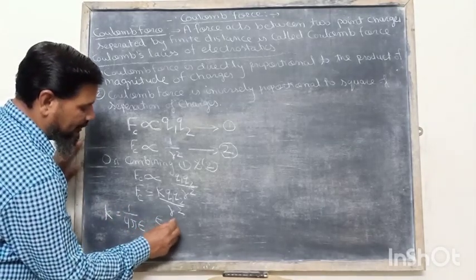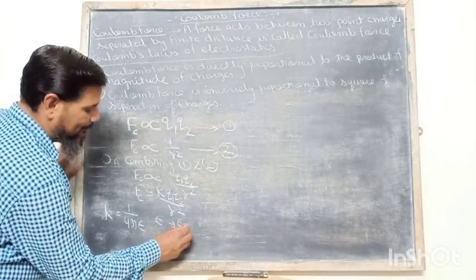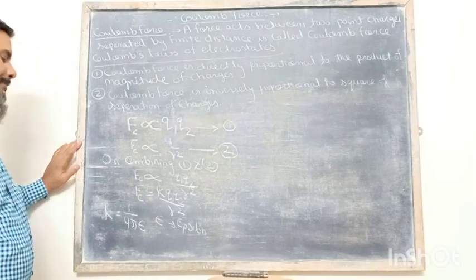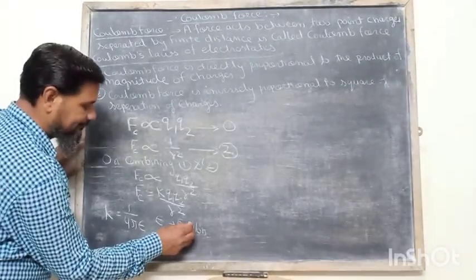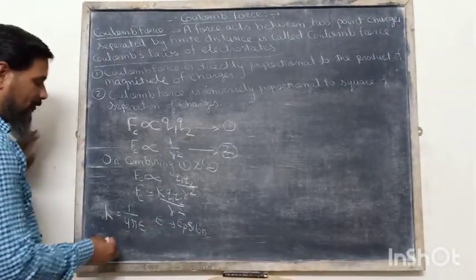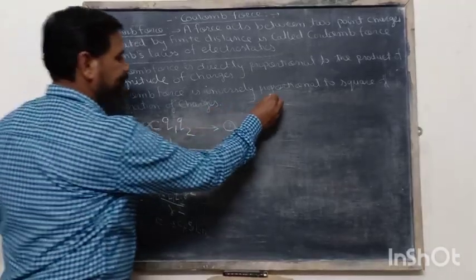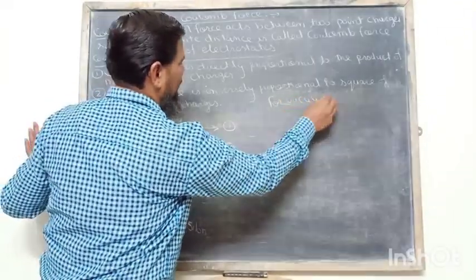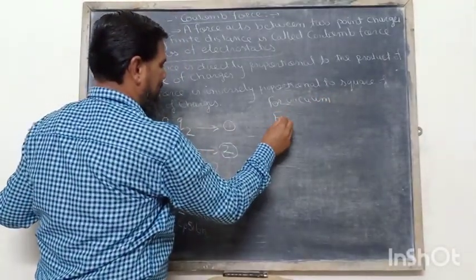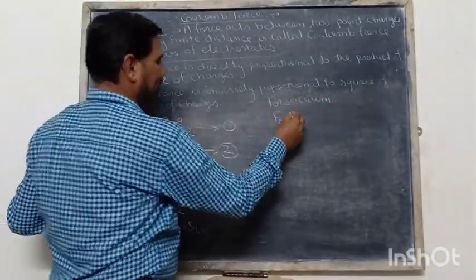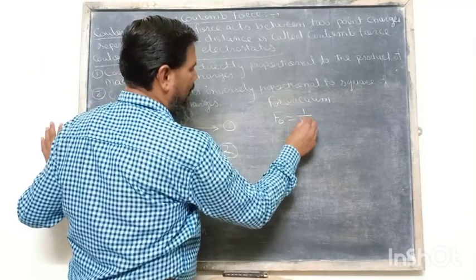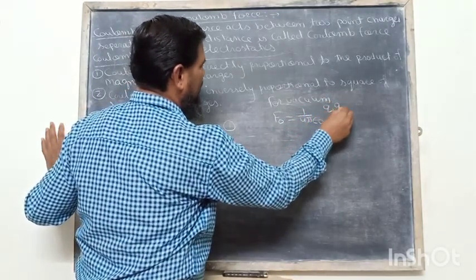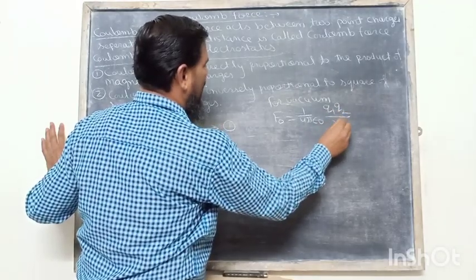It is pronounced epsilon. For vacuum, we can express the force as F0, which is equal to 1 upon 4 pi epsilon naught, Q1 Q2 upon R square.